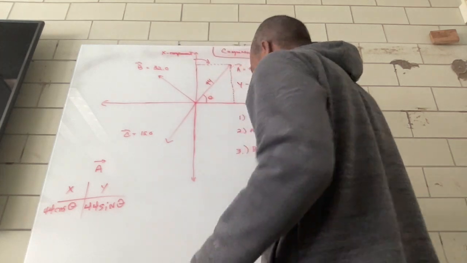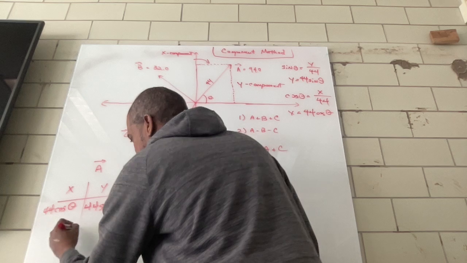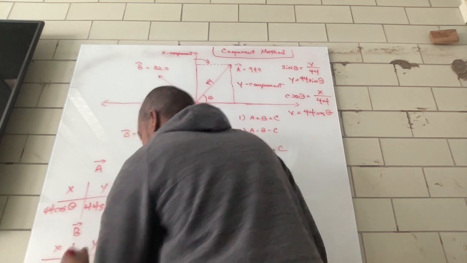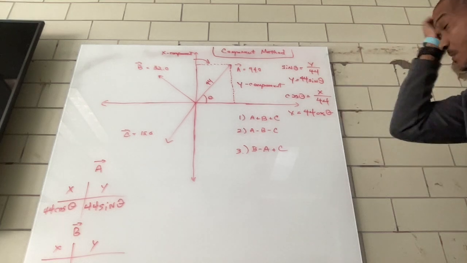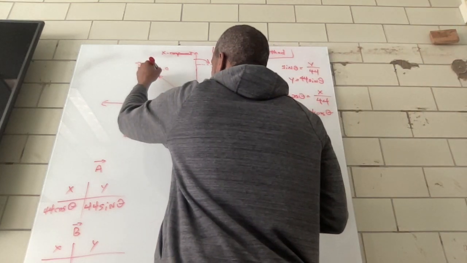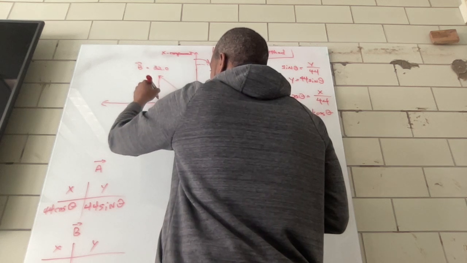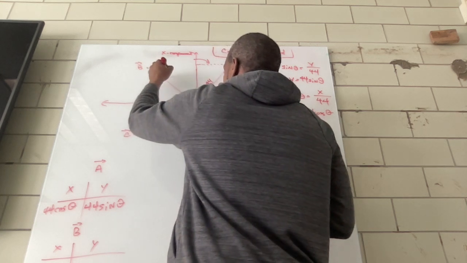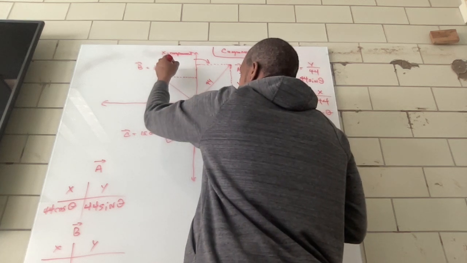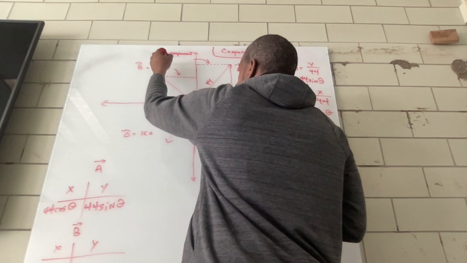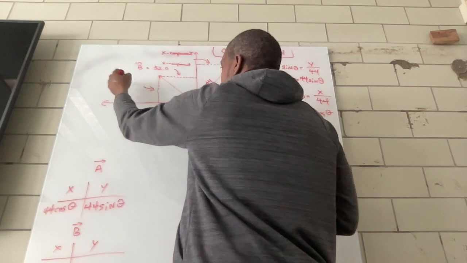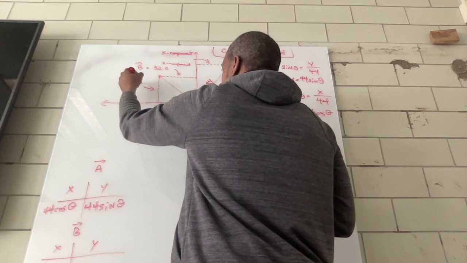We're getting messy. All right, and so B. I go from the tip of my vector and draw my projection down to the x-axis, and then I draw my projection to the y-axis. I know this is my x component, and this is my y component.